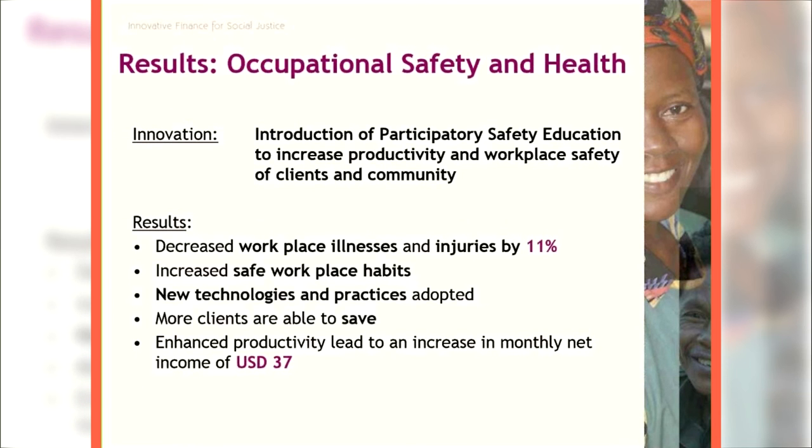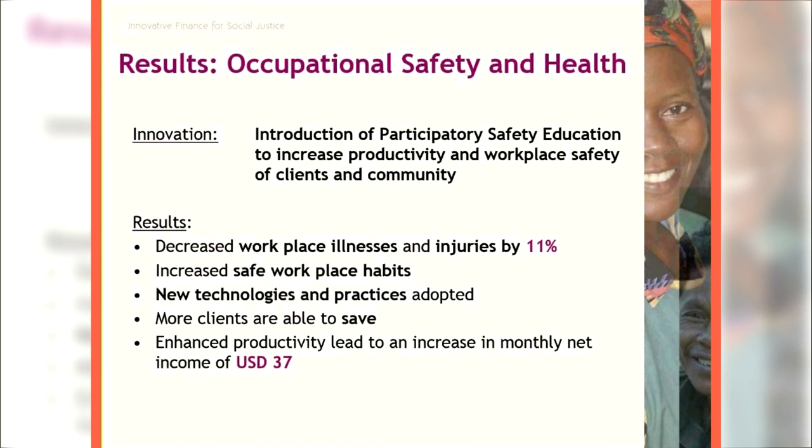The very last example that I wanted to show you is on occupational safety and health, where training was introduced on participatory safety education, and we did see that work-related illnesses and injuries reduced by 11%.